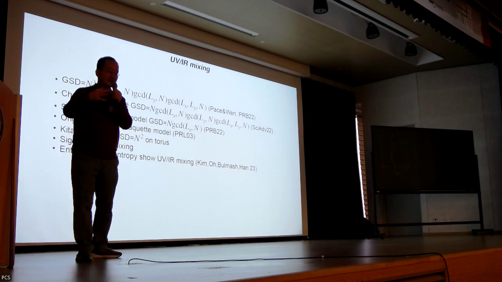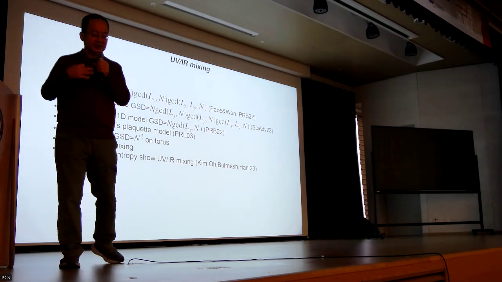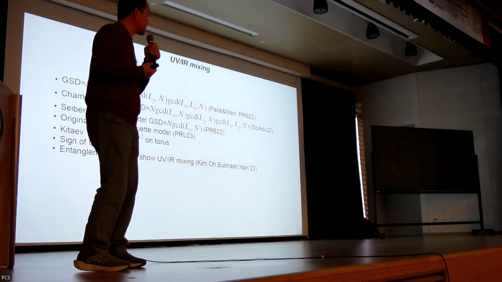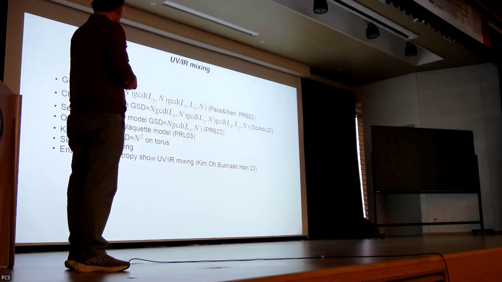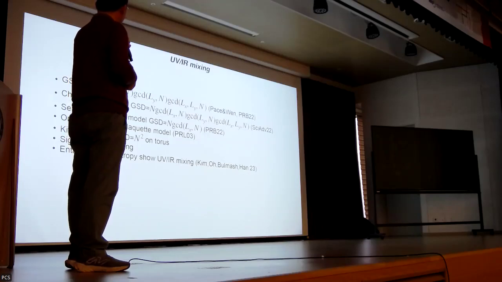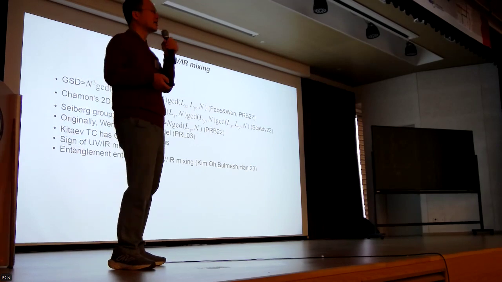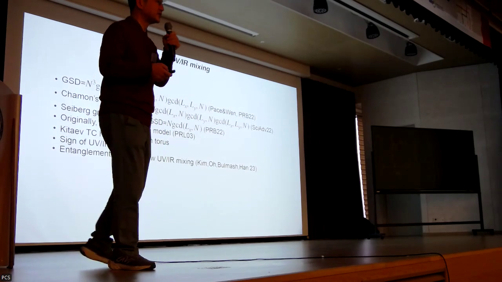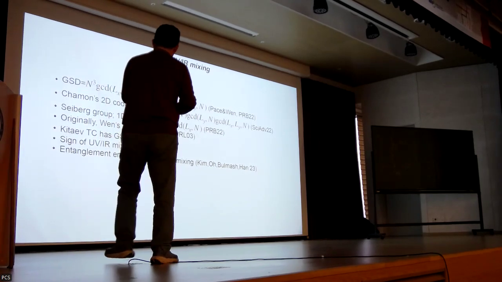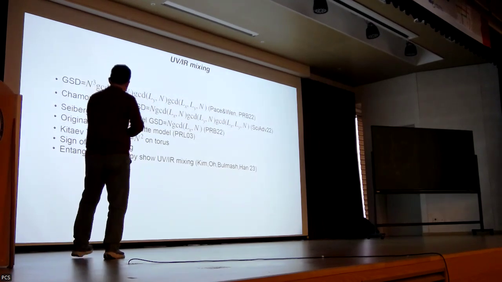And there were a couple of models which show similar dependence of the ground state degeneracy on the system size. I forgot to mention also there's a paper by Watanabe and Chang, which also finds similar features in their topological model.